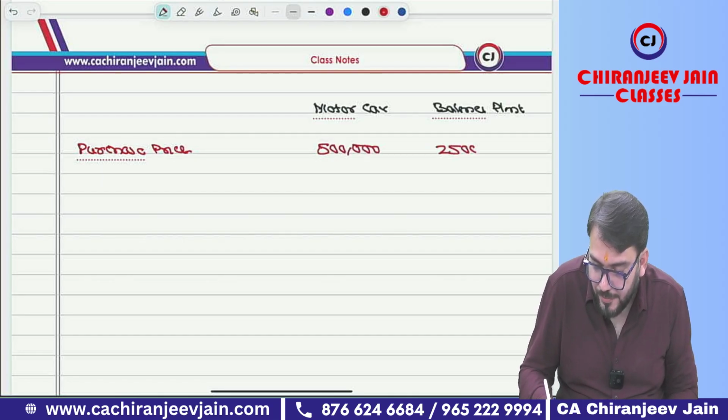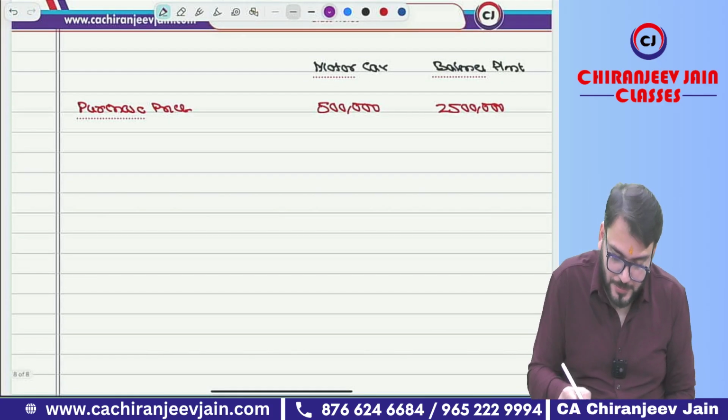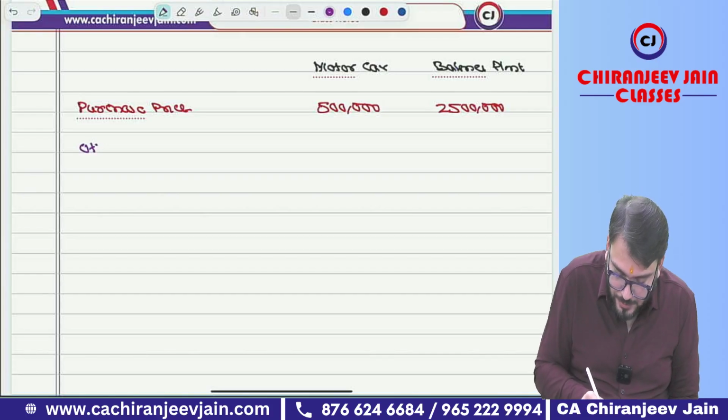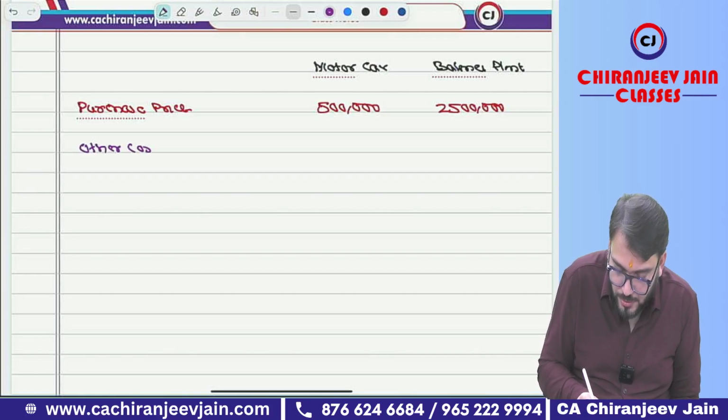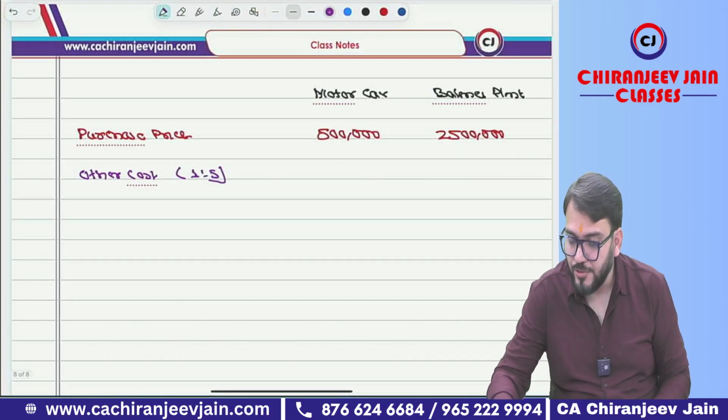What is the ratio? The ratio is 1:5. So the other cost is allocated in the ratio 1:5. Other cost is coming 3,80,000.